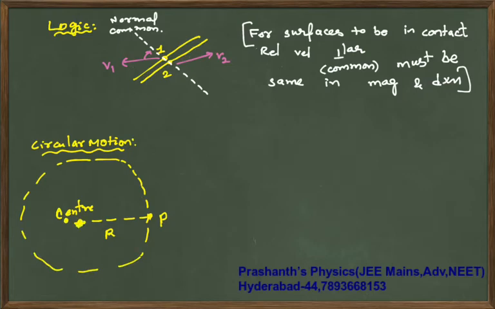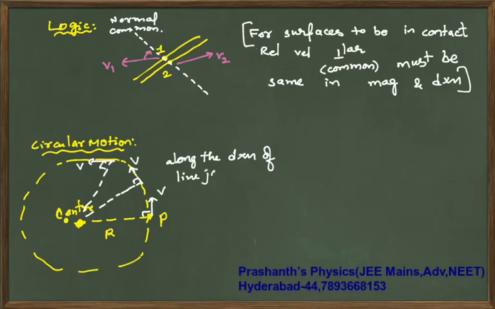Now if you take the velocity at any instant, it will be tangential to the path. There is no velocity component in this direction. Always your velocity component is v cos 90, which is 0. So my point is, along the direction of the line joining these points, there cannot be relative velocity.